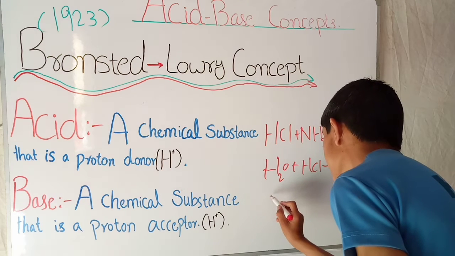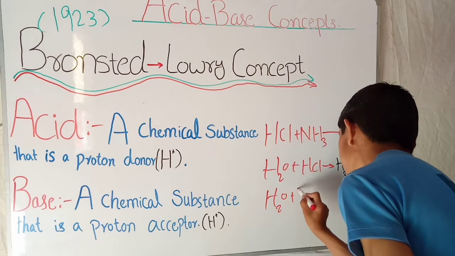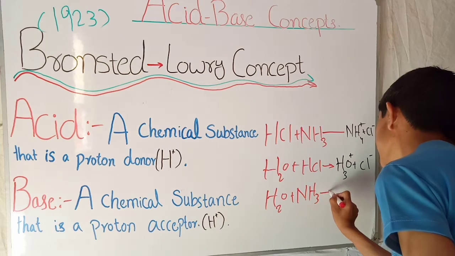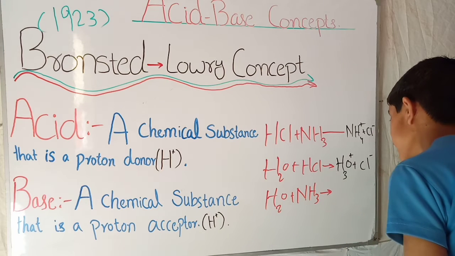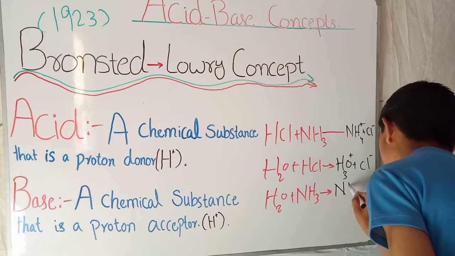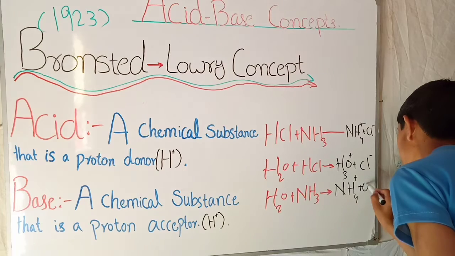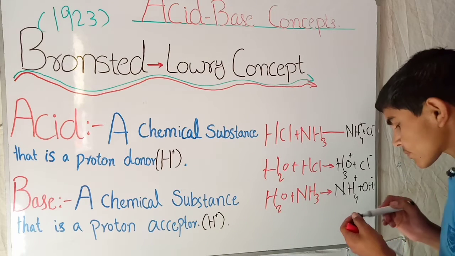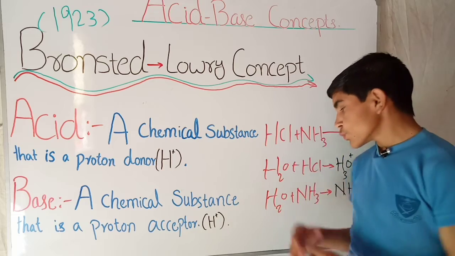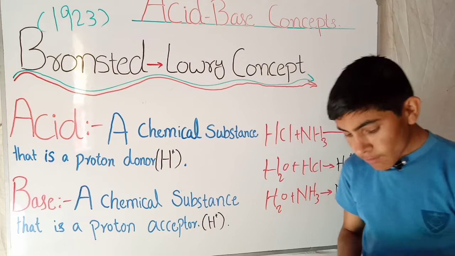Like if we take H2O plus NH3, the previous base, ammonia, it will give us NH4 positive plus OH negative. So the Bronsted-Lowry concept says that water acts both as an acid and as a base.